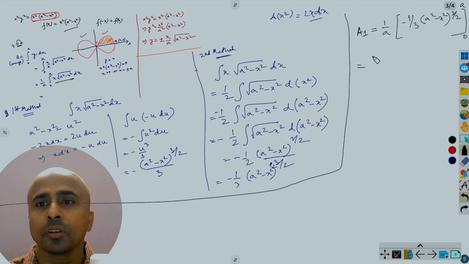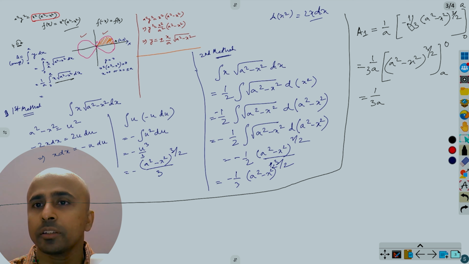So 1 by a, let's say it's 1 by 3a. I am pulling out this 3 outside, okay, and this is a square minus x square to the power 3 by 2 from 0 to a. Any doubt? I simply interchanged the limits, and then removed the negative symbol.